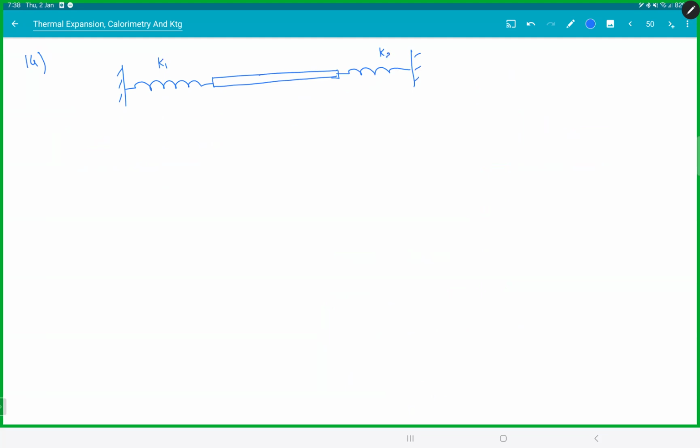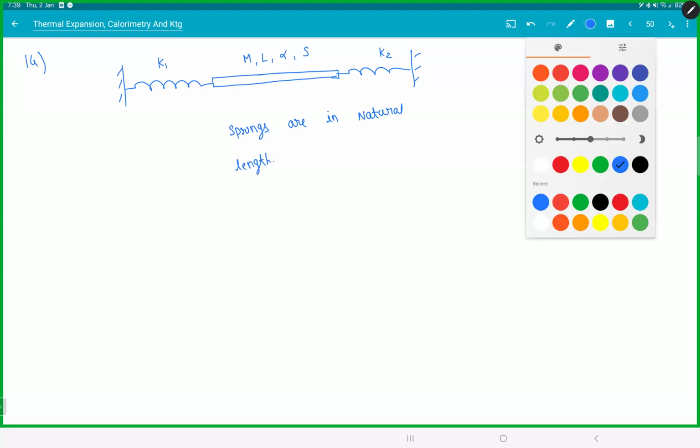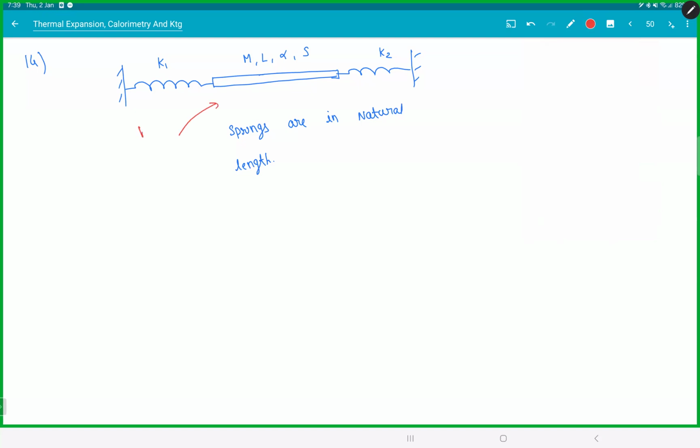K1, K2, mass M, length L, alpha, specific heat S. The springs are at natural length. Now you gave heat Q to the system. Find the change in temperature and the compression in the springs.